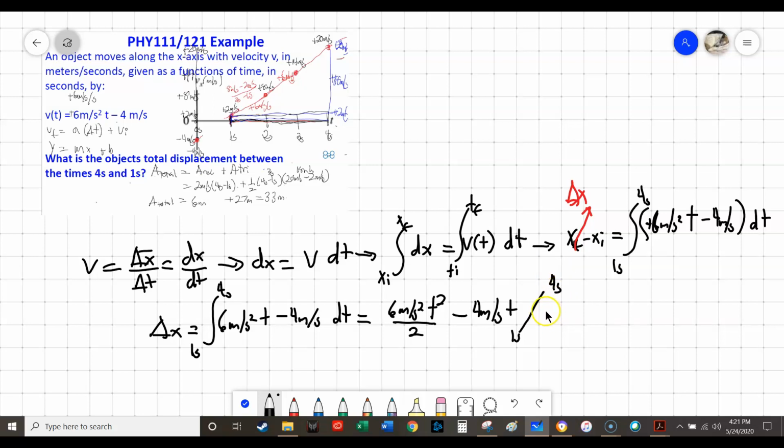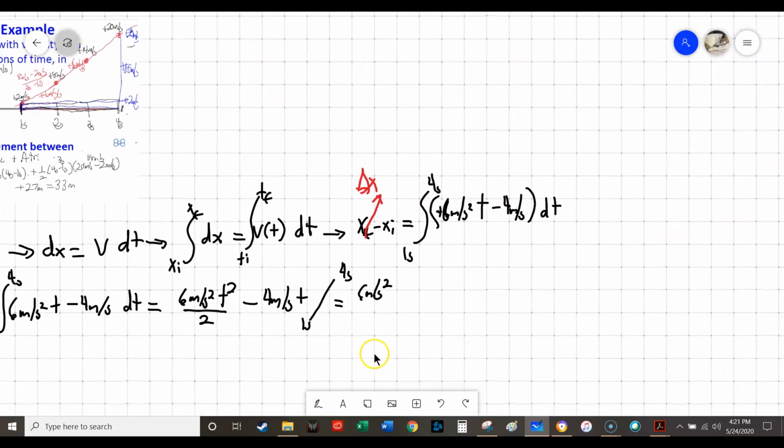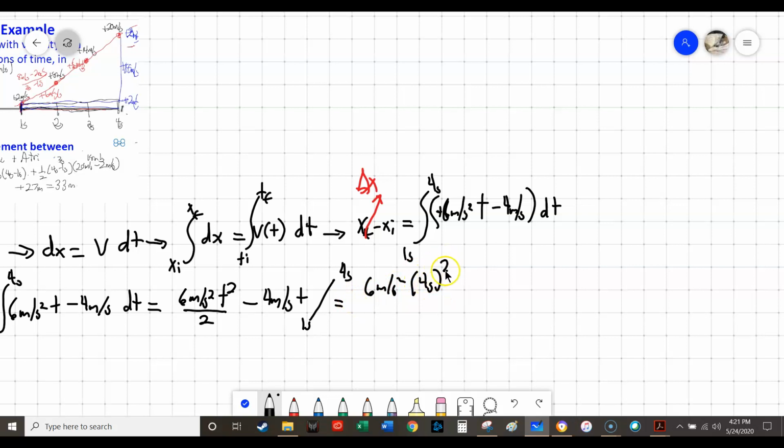All right. Well, let's go ahead and plug in our 4 seconds into this. So this is going to be 6 meters per second squared. I need a little bit more room. So this is our 6 meters per second. Let me rewrite that. 6 meters per second squared. And our t, we're going to put in our 4 seconds, and we're going to square that and divide it by 2.